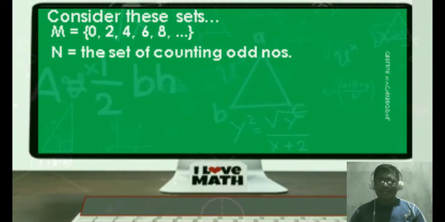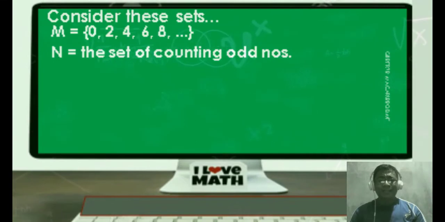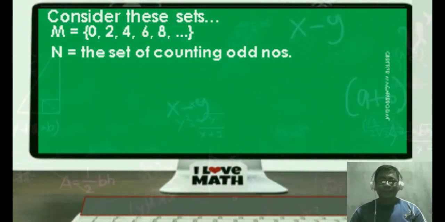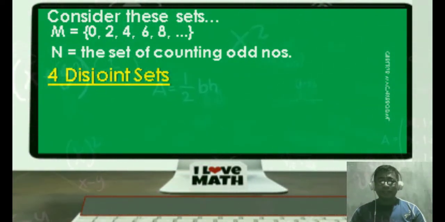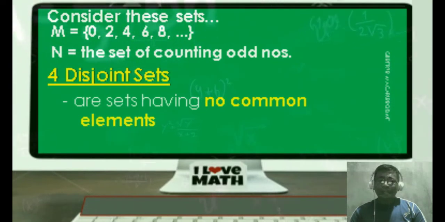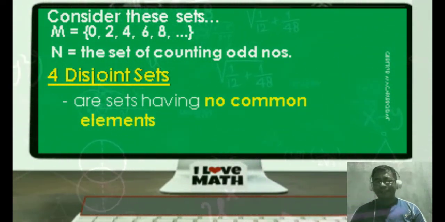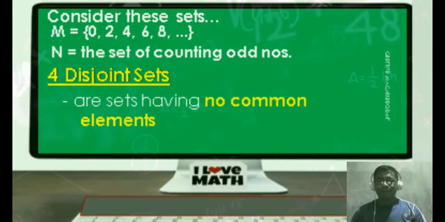As you can see, class, set M and set N have no elements in common. This is simply an example of disjoint sets. These are sets having no common elements. So take note of that.